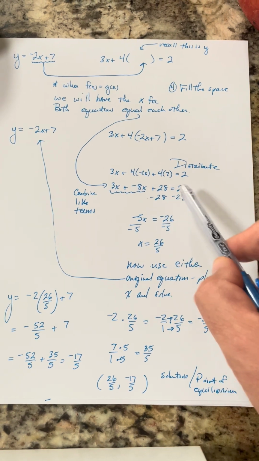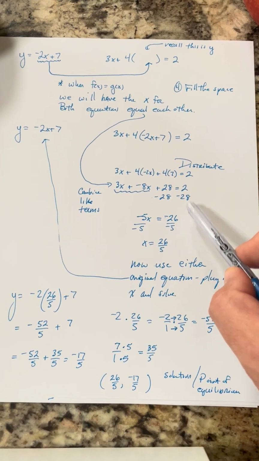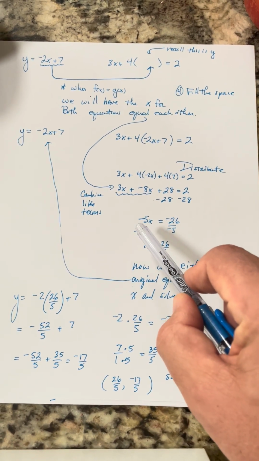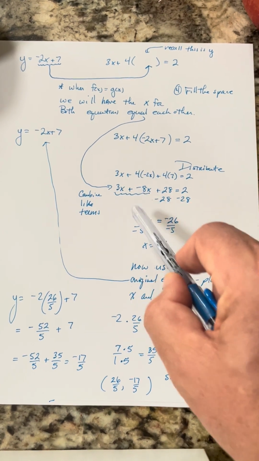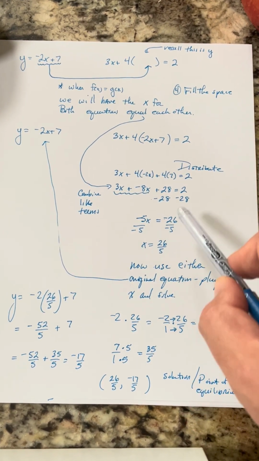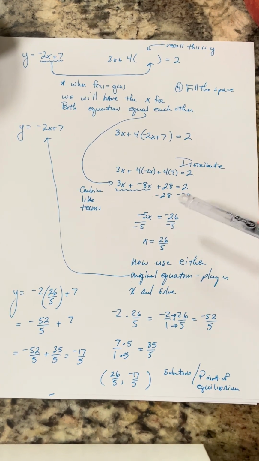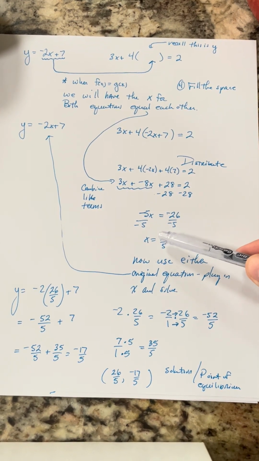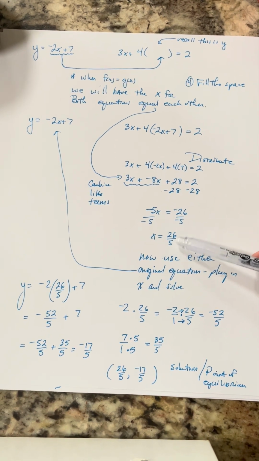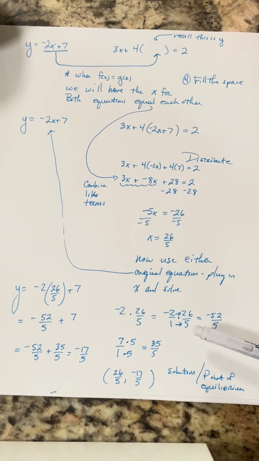We're going to subtract 28, and we get a negative 5x. These come together to give you the negative 5x, and that's a negative 26. Divide by negative 5, divide by negative 5. A negative divided by a negative is a positive, and then you get x is 26 over 5.